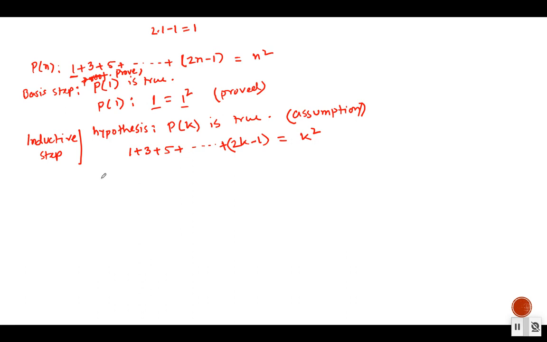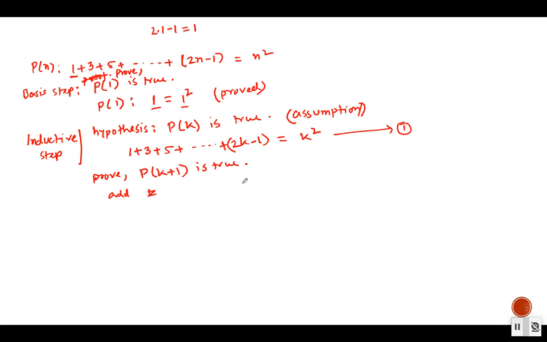Okay, now we are going to prove that P(k+1) is true. Okay, how can I do that? Let's give this equation a name. So we are going to add, okay, now what actually are we going to add?